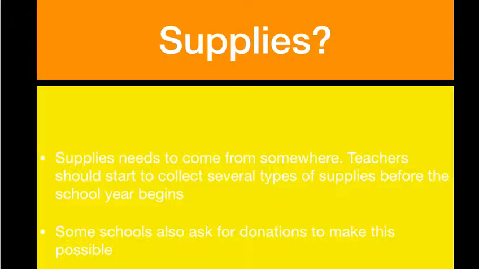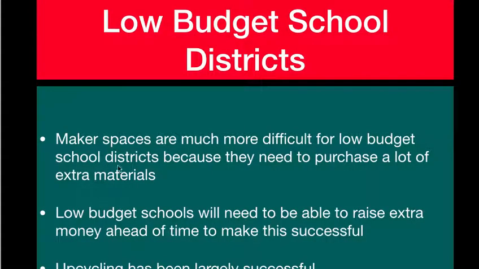Supplies are a huge part of these types of spaces. Supplies need to come from somewhere. Teachers should start to collect supplies before the school year begins. Some schools also ask for donations to make this possible throughout the summer or the school year before.